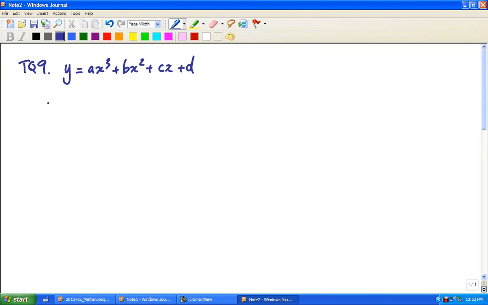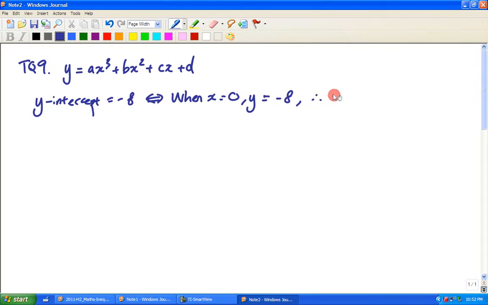In other words, your y-intercept is -8, or equivalently, when x equals 0, y equals -8. So using this condition, immediately you can solve for one of the variables, d. So in this case, d equals -8.